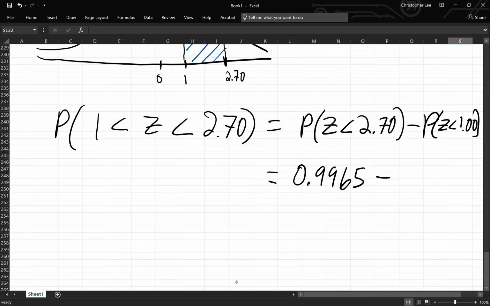Now for the other side, I have to look up 1.0. So that was the 2.70 right there, less than 2.70. Now I'm going to look for z less than 1.0.